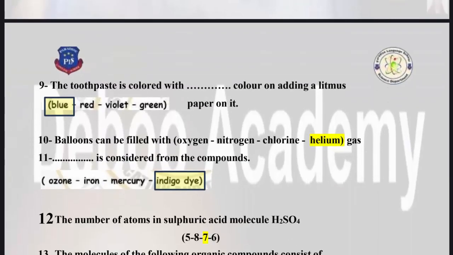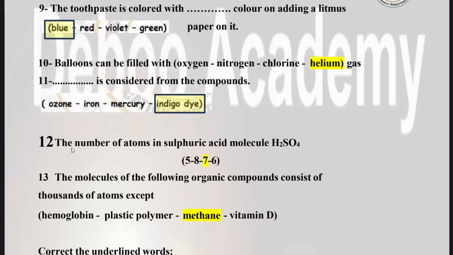Moving to 9, the toothpaste is colored blue because it's alkaline. Balloons can be filled with helium gas. We said nitrogen also for car tires. Indigo dye is considered one of the compounds. The number of atoms in sulfuric acid H2SO4 means 2 hydrogen, 1 sulfur, 4 oxygen, it's 7 atoms.